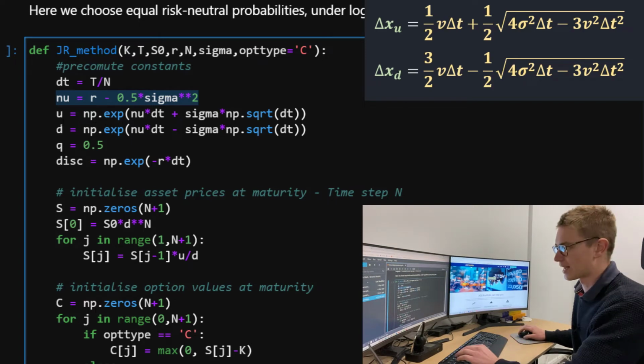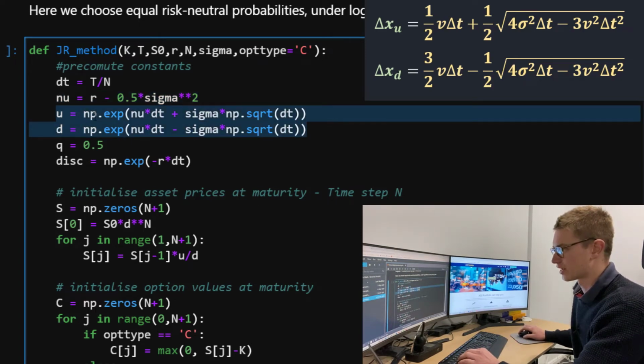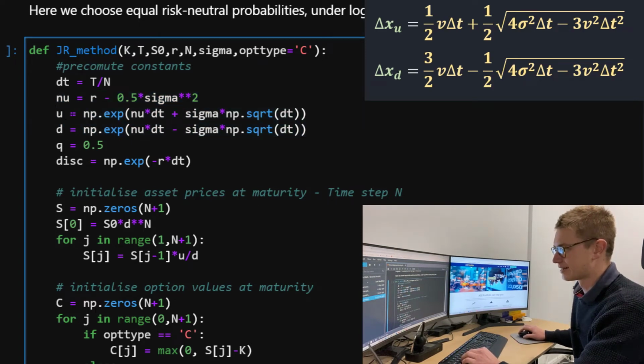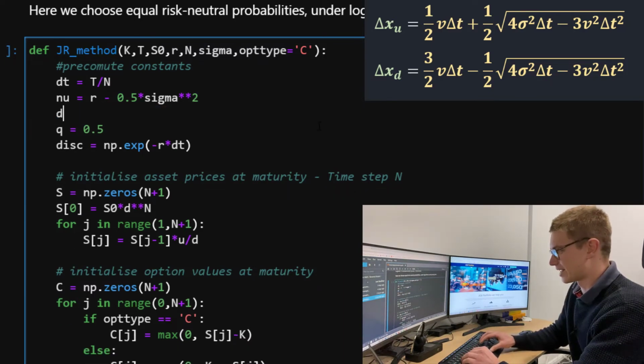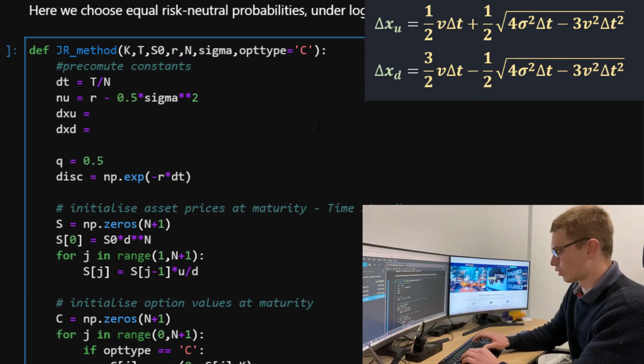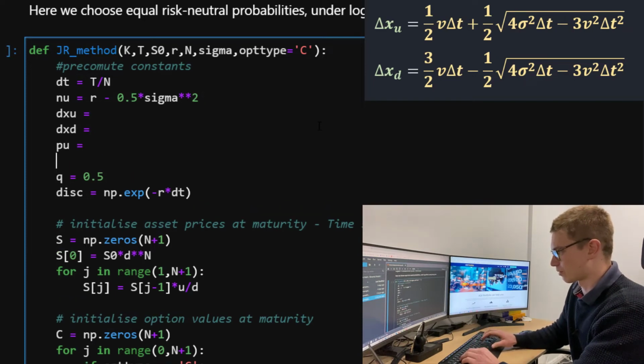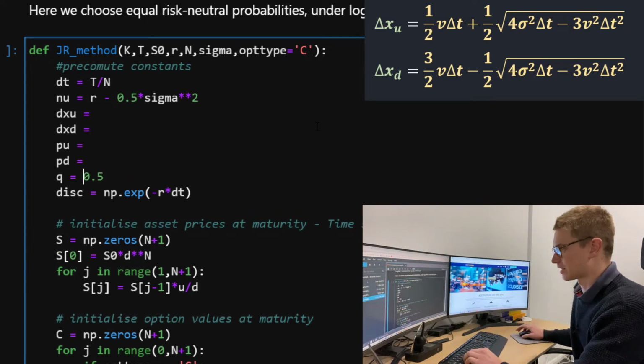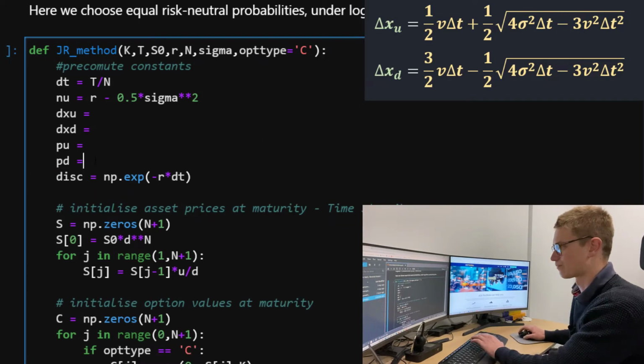And essentially we need to now calculate not U and D, but dx up and dx down. We're also going to have PU for the probability up and PD for the probability down, and we can get rid of Q.